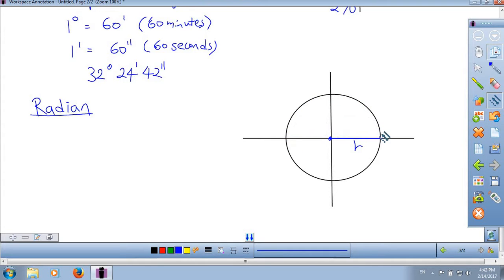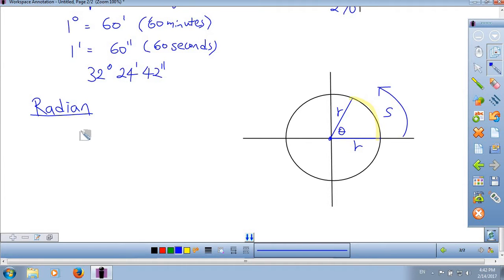As I'm rotating r, I'm also traveling along the arc of the circle, which is this highlighted distance. Let's call this piece of arc s, and this is r. As I rotate in the positive direction, I create an angle. Let's call that angle theta.